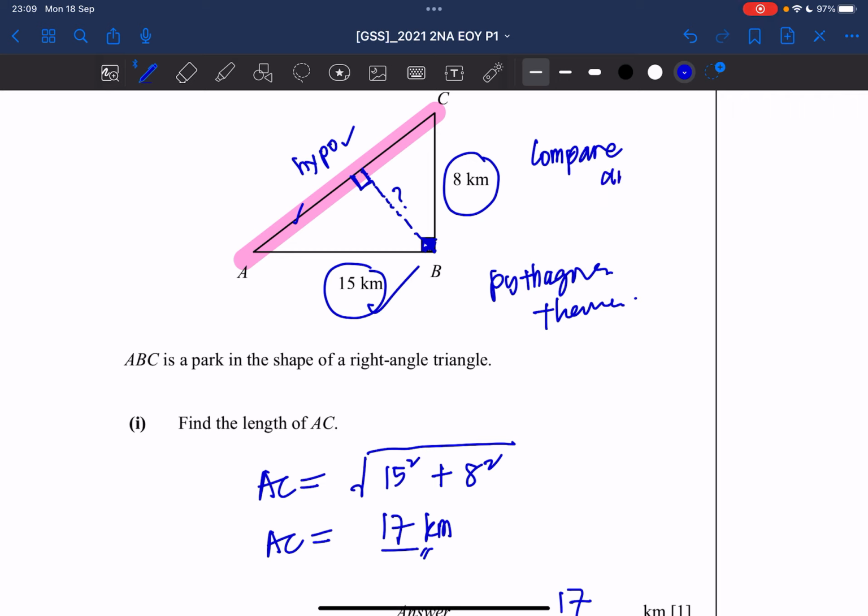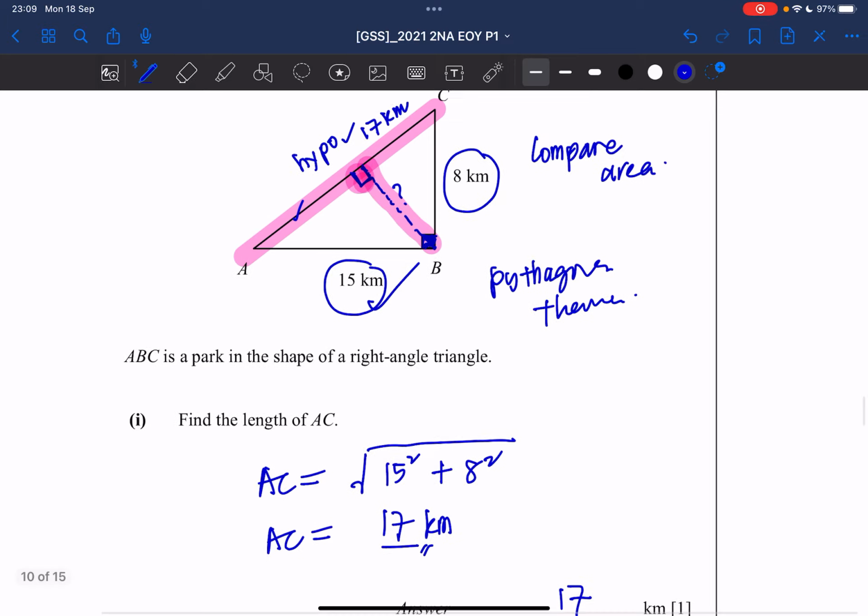To find this distance, we need to compare area. If you use this base and this height, because it's connected with the 90 degrees, we can form the area. So the area of the triangle will remain the same. The hypotenuse we have found to be 17 kilometers.